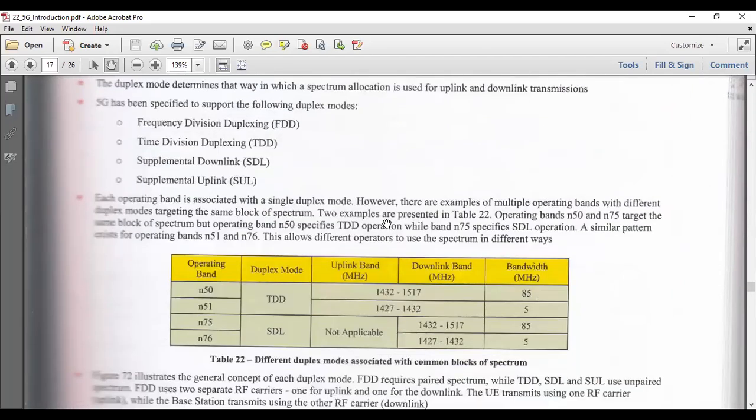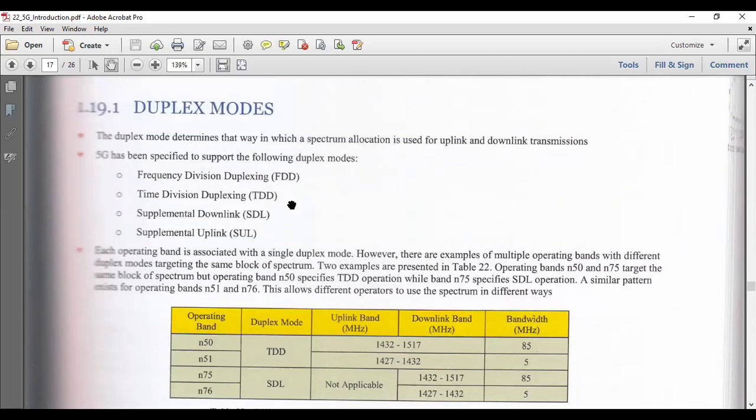Now there are four different modes. Up to 4G there are two modes, FDD and TDD. But here it is also possible that you use data transfer only in downlink or only in uplink.